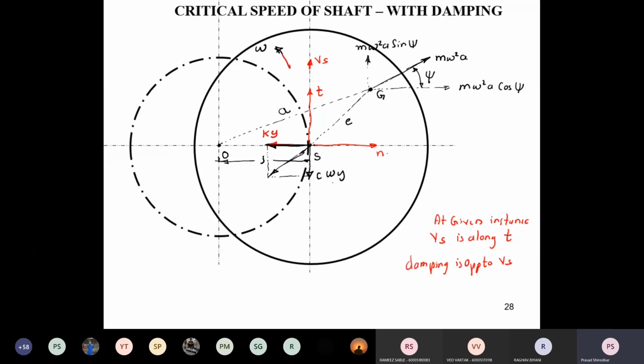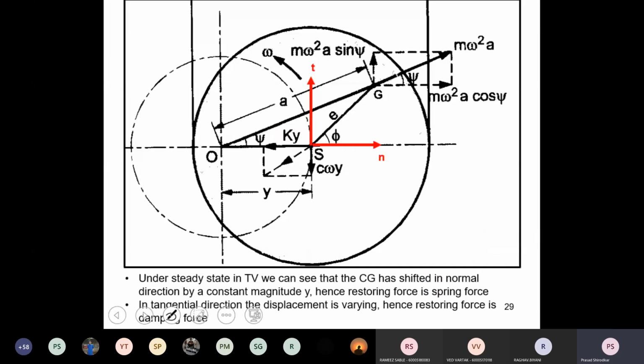So is the diagram clear? Any questions regarding any of the forces? Okay, so this is just the finished diagram, the same diagram. I have put it on the screen.